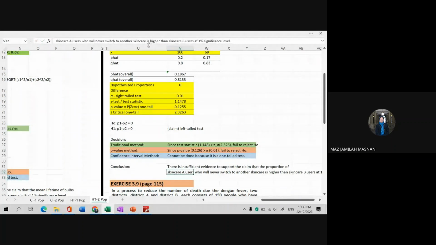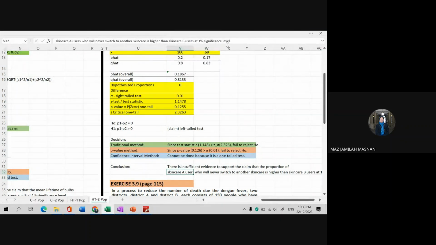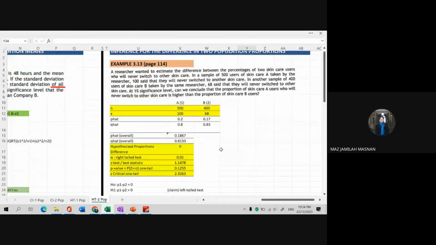It's too long, so let me cut this one and take it to the next. Control X, Control V. So that will be my conclusion for this particular test.